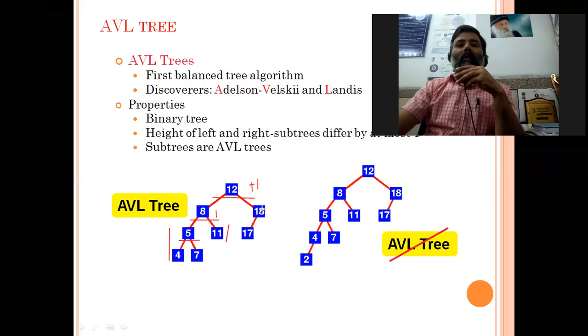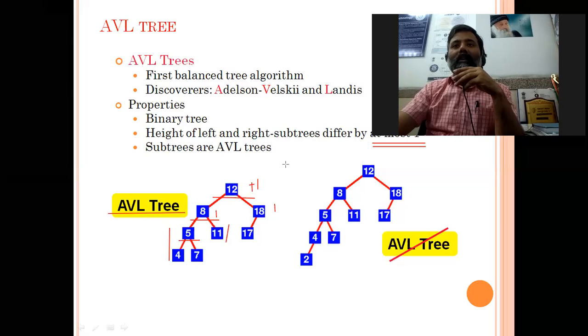And at this node, 1 minus 0, that is 1. So we can see at each node, the difference of the heights of the left subtree and right subtree is either 1 or 0. So at most we have 1. That's why we say it is an AVL tree.